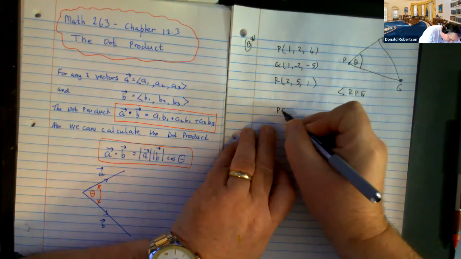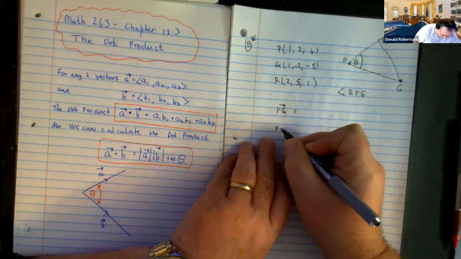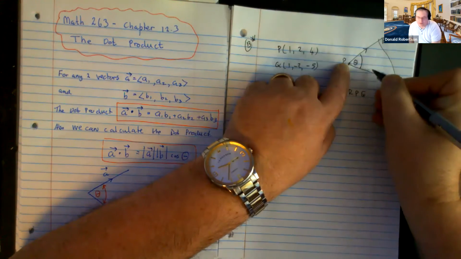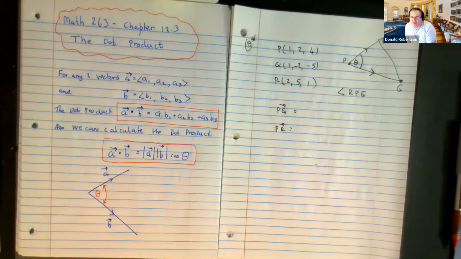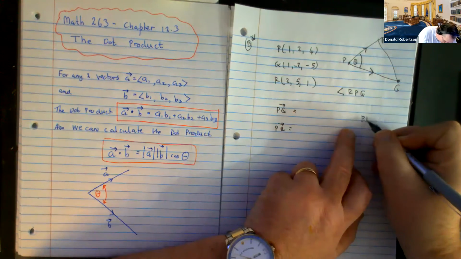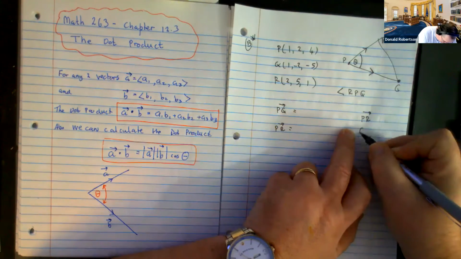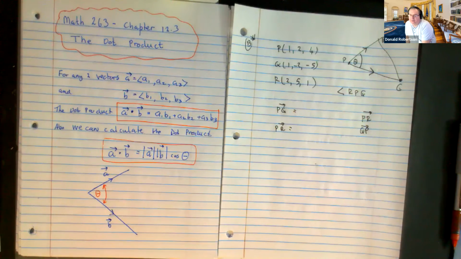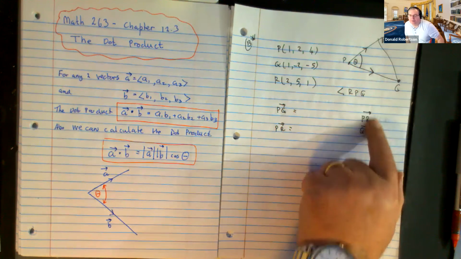Sounds good to me. And would you agree that the angle between these vectors is going that way? What would be wrong if I found the PR and the QP? What would be wrong with doing it with this combination rather than this one?